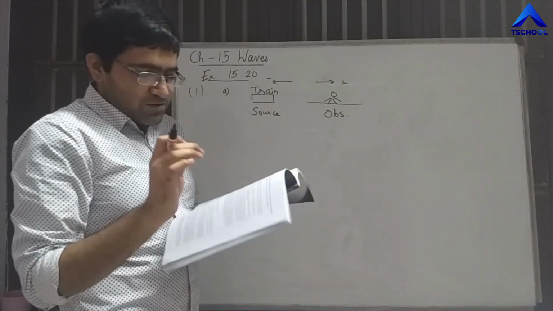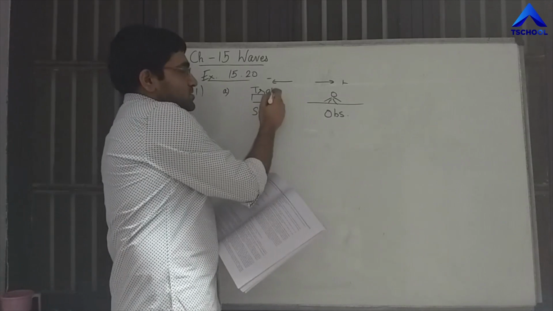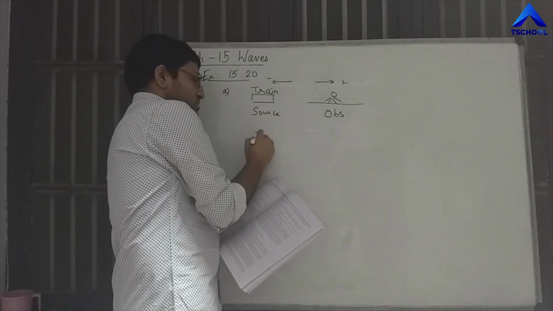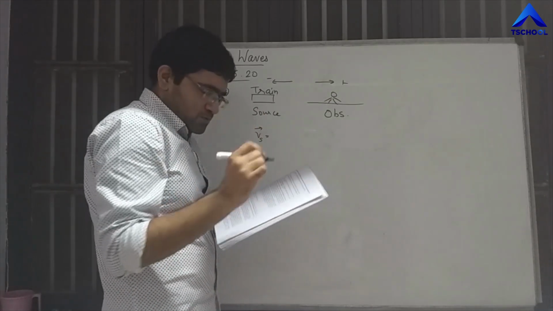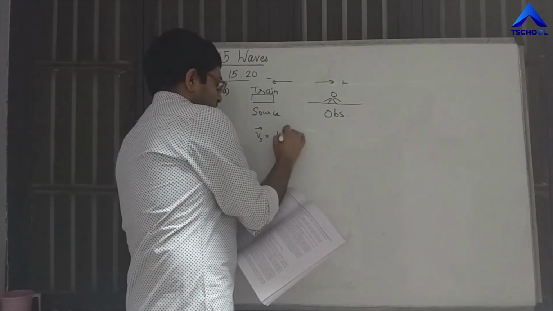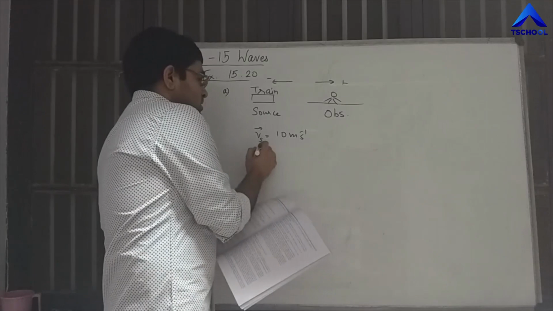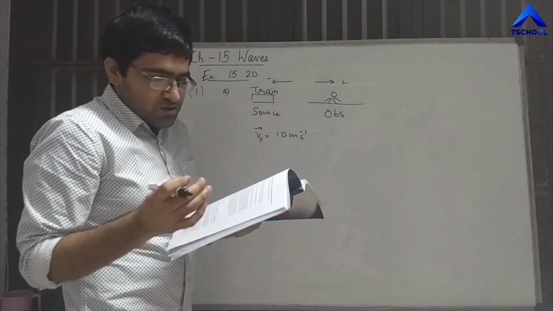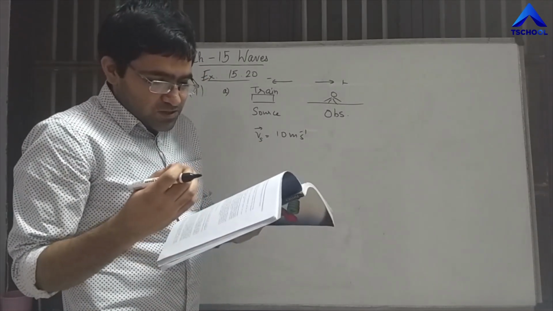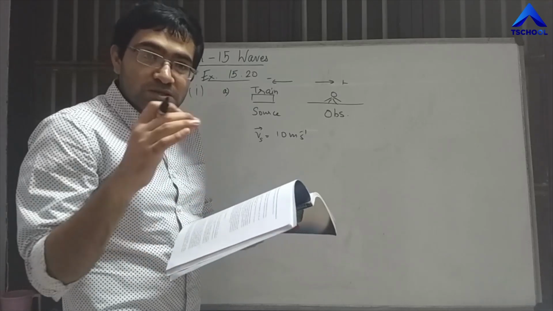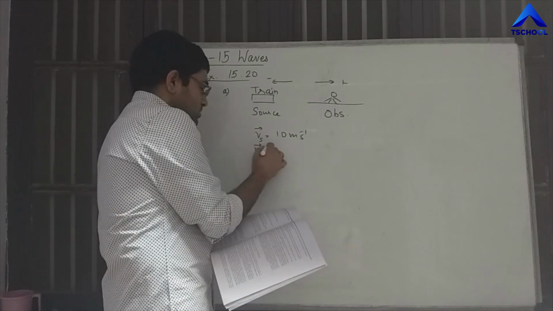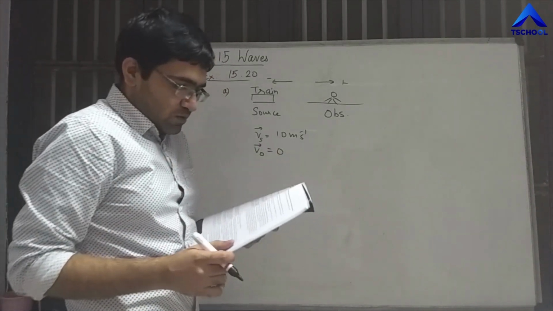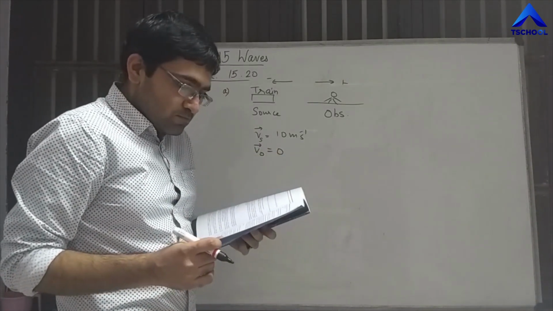Now it's given that the train approaches the platform, so the train is moving towards the right side. So Vs, train moving towards the right side, positive. How much? 10 meter per second. What's the observer doing? Well, the observer is stationary, standing on the platform. So Vo is 0, because the observer is stationary.